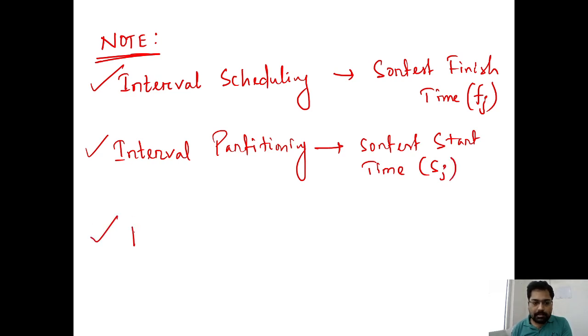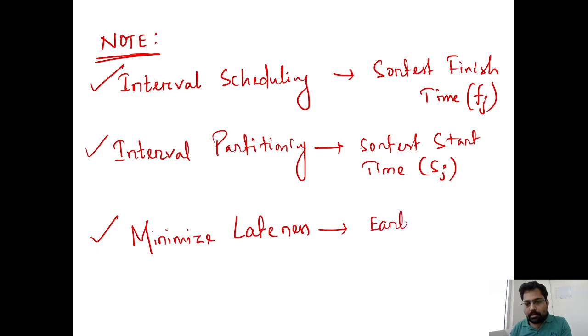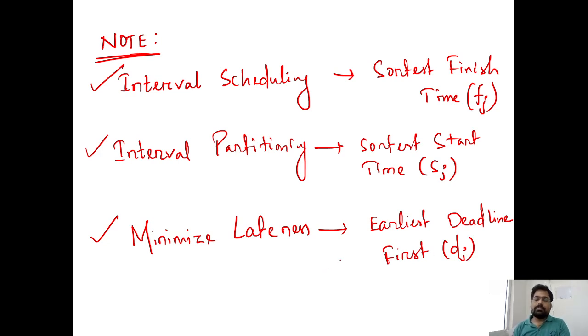Next, lateness: to minimize the lateness, we are following the earliest deadline, or due time, you can say deadline first, which is d of j. Here j is the task.